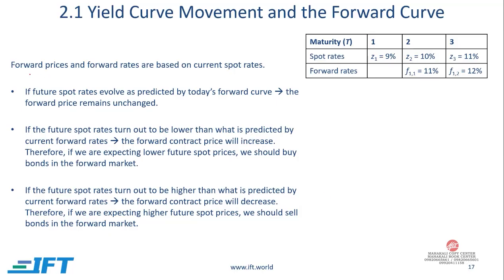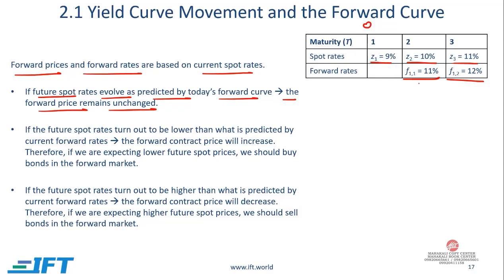As we've discussed, forward prices and forward rates are based on current spot rates. So if we are sitting at time 0 and these are the spot rates, based on these spot rates, we can calculate the forward rates. So this forward rate is 11%, and then the forward rate here is 12%. If future spot rates evolve as predicted by today's forward curve, the forward price remains unchanged.